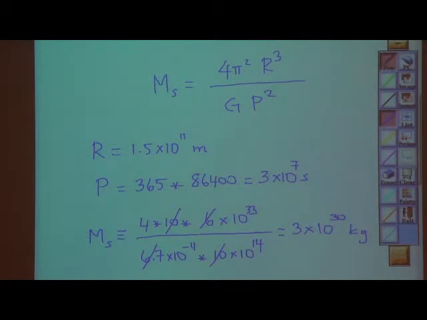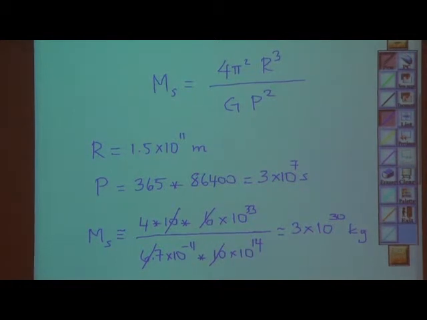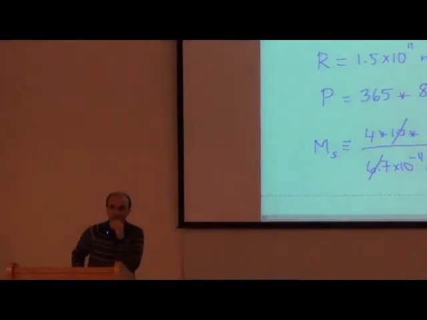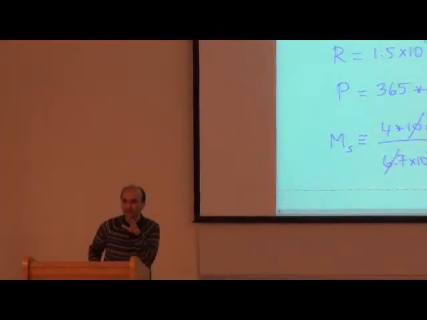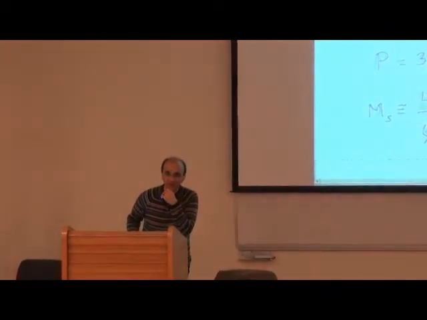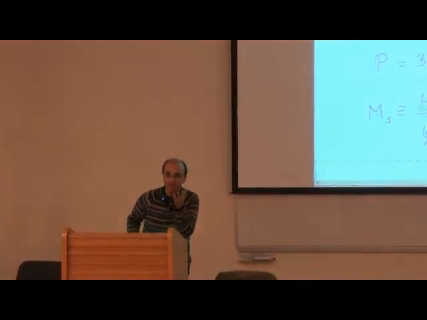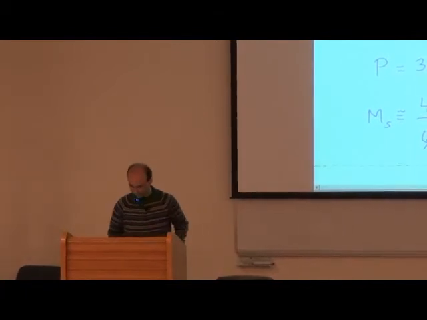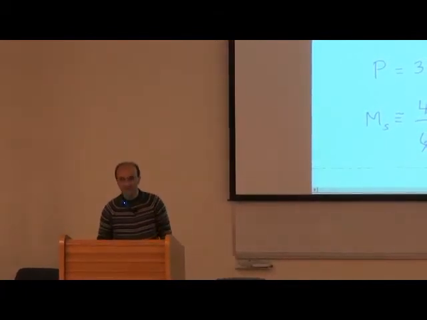Not far from the real number. The real number is 2 times 10 to the 30 kilograms. So we can weigh the Sun with a good accuracy by just putting in numbers and approximating that it's a circular path. So this is how we can apply Kepler's third law.